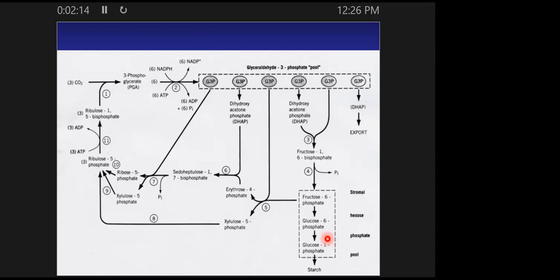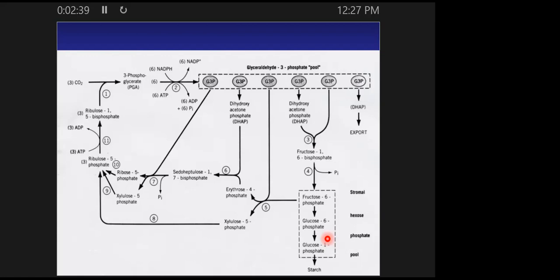That is an either or, one or the other. They don't do both in the same chloroplast. We'll talk a little bit about that. The plant will export some for sucrose, and the other option is starch, and it's an either or idea. But in the meantime, they're keeping the Calvin cycle running, as different G3P.